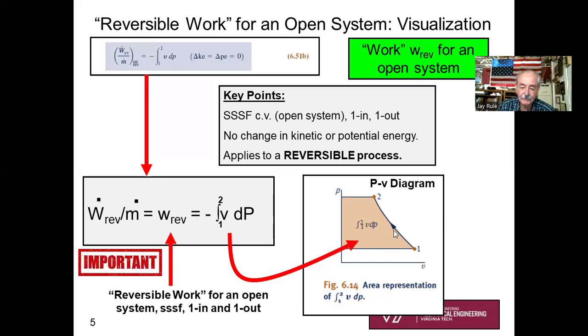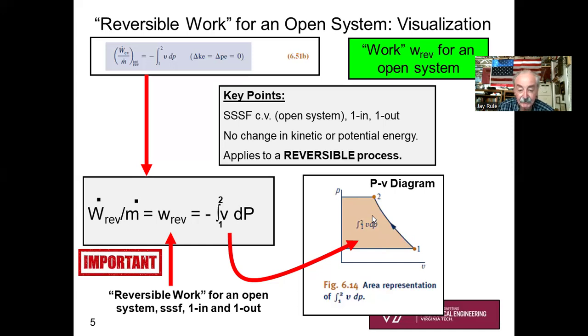And the other kind of interesting factoid that we don't use much is that you can visualize the work, W dot over m dot, on a pressure-specific volume diagram for an open system by visualizing the area under the curve, except integrating versus the y. Do you see that this pink area is not exactly the area under the curve, it's the area to the side of the curve?